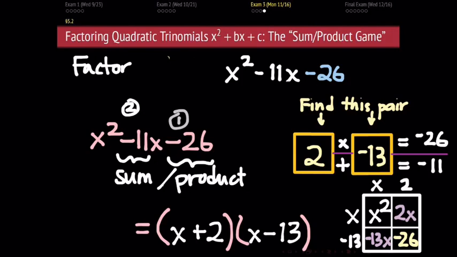We worried about getting the product right first, because that's usually a very short list of possibilities. Then we worried about getting the sum right second. And once we found that pair that wins our game, it was just a matter of making those numbers the constant terms in a pair of binomial factors where the other term is just plain x. In other words, once we knew it was 2 and negative 13, we knew that our factors were x plus 2 and x plus negative 13, or x minus 13 if you like.